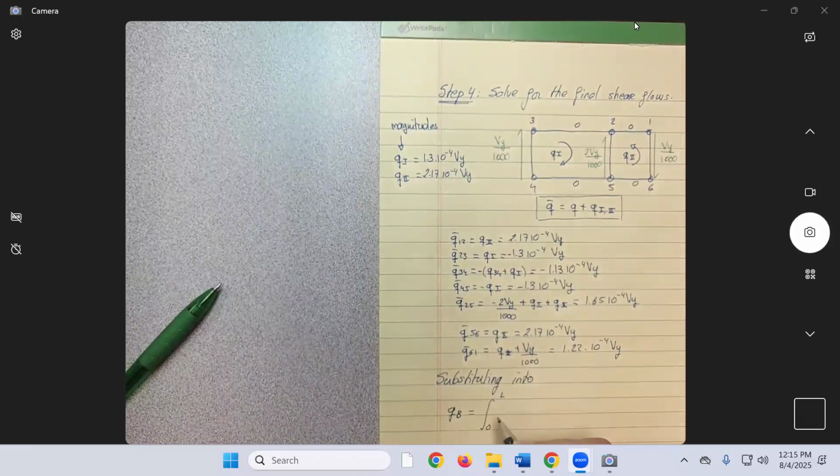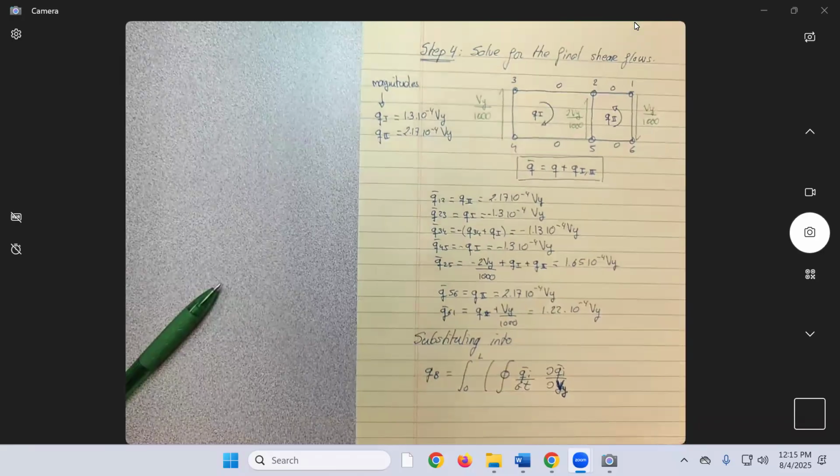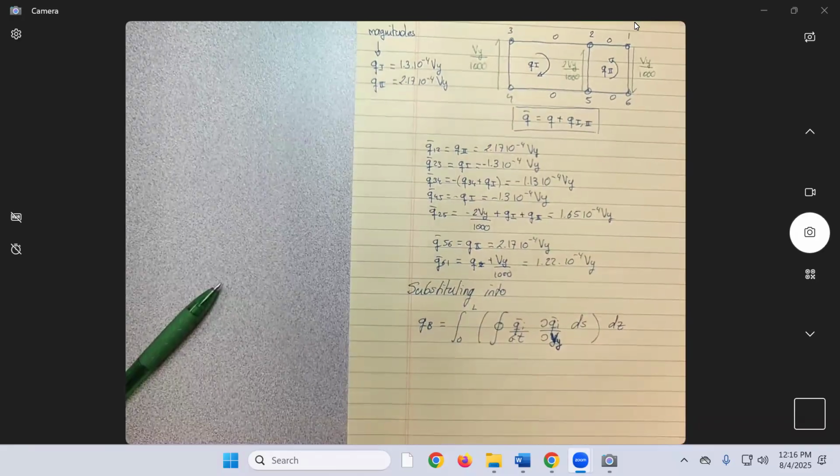Integral 0 to L of the circular integral of Q sub I, GT, partial Q sub I partial, oh, sorry. That's why we did not substitute for Vy. There is a reason I said something not appropriate before, because we now need to take the partial derivative of the shear flows with respect to Vy, ds, and this will be dz.